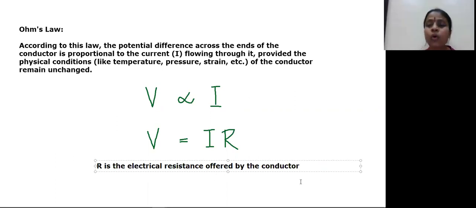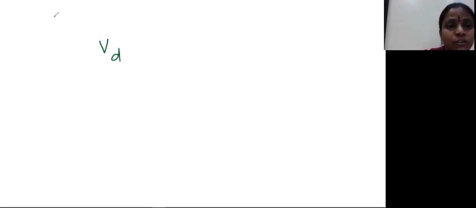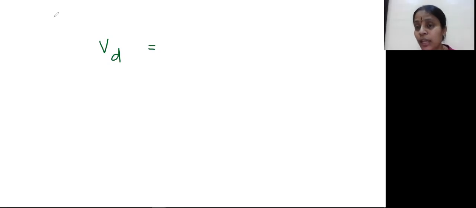And what we are going to do now is to try and derive an expression for resistance using what we have done in the previous class. In the previous class, we defined something called VD, the drift velocity of an electron, that is the velocity with which electrons move in the presence of an electric field when the conductor is connected to the source of an EMF.